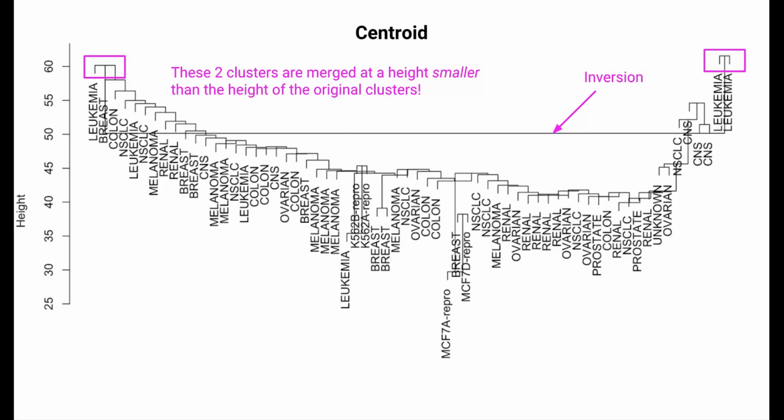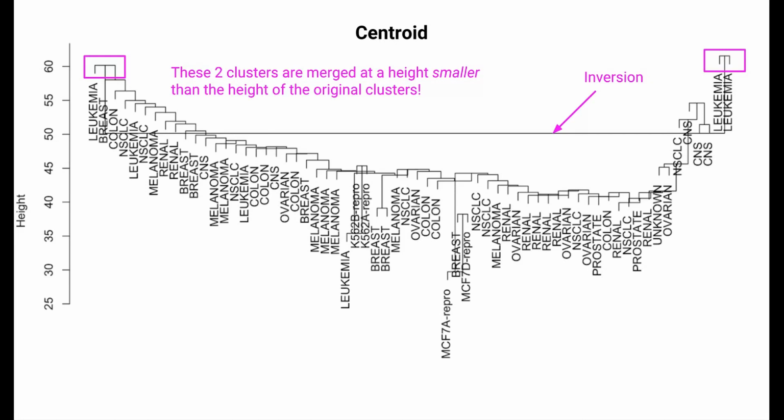A very odd aspect of this dendrogram is this very prominent what is called inversion. This is where the left and the right clusters are merged at a height that's lower than either of the individual clusters.